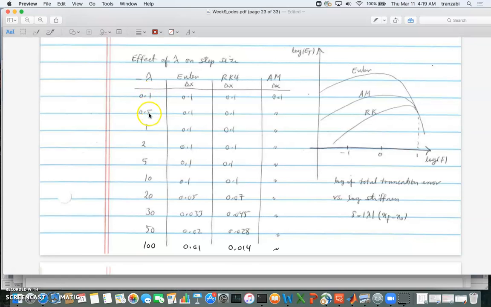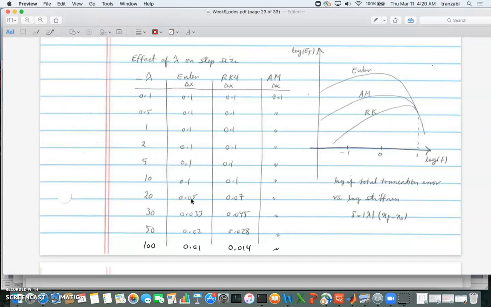As we increase lambda, let's say up to about 10, then delta x in forward Euler should be less than or equal to 2 divided by lambda, which means 0.2. And this is still the case. Now when we go to lambda equal 20, then delta x should be smaller than 2 divided by 20, which is 0.1. This is right on the threshold, so we actually need to lower our delta x to be a bit lower than that.